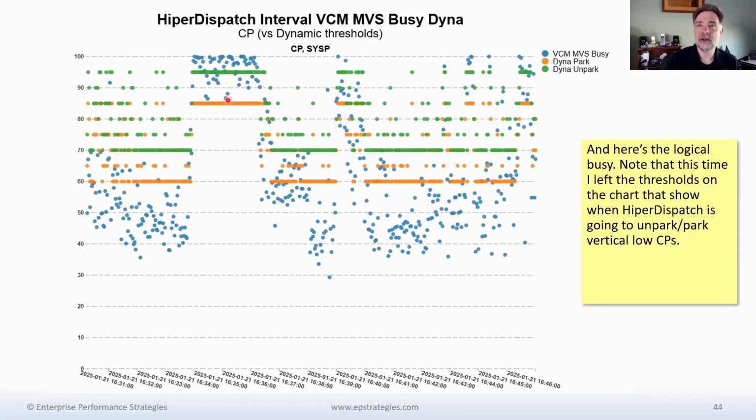The orange and green here are interesting because they're the thresholds for hyperdispatch to park and unpark processors, right? So that's interesting because, hey, we go above the green bar, so hyperdispatch thinks it may be time to unpark a processor, and when it comes down, it's time to repark that processor, right?